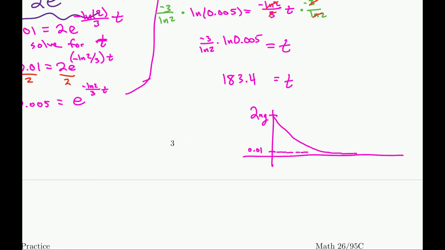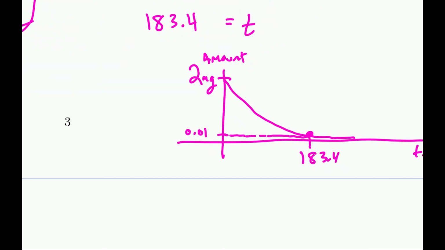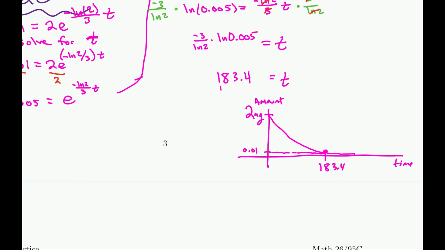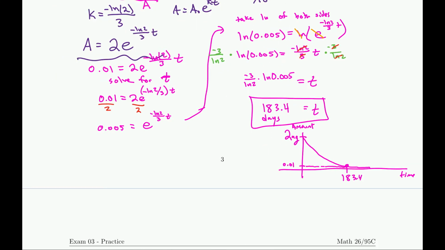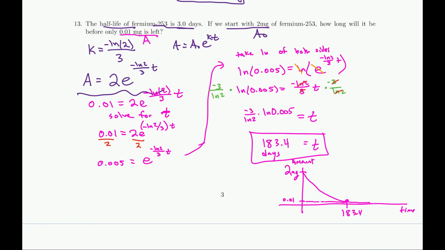If you come over here to wherever it hits, and then you come down here to see what the answer is, it's 183.4. So this is time, and this is the amount. And what we were calculating was number of days. Okay, so that was half-life.